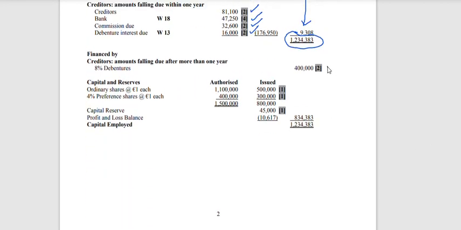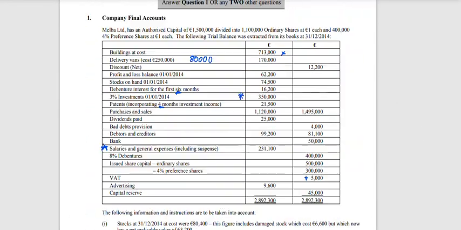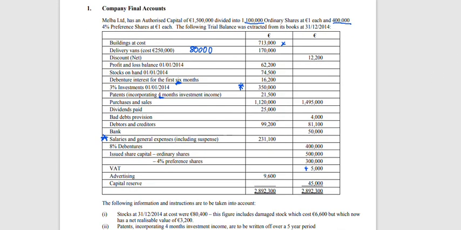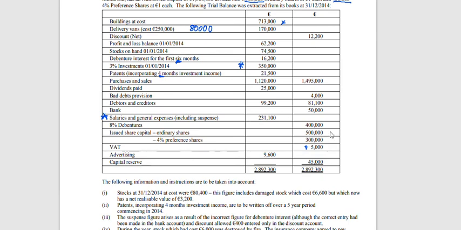8% debentures, 400,000. Then we have our authorised and our issued share capital. Just quickly look at the trial balance to make sure you know where these are coming from. The authorised figures are up here. 1.1 million authorised ordinary, 400,000 authorised preference. The issued, 500,000, 300,000.